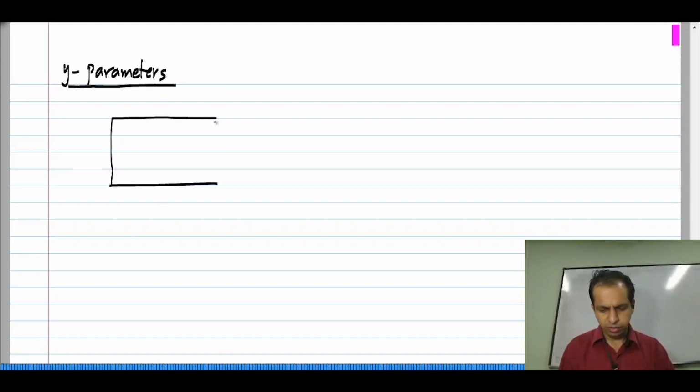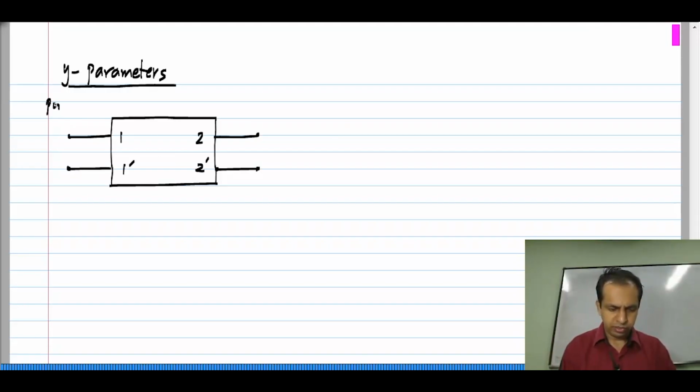Let us consider a linear network. Again, this means that there are no independent sources inside, but there can be dependent sources and linear resistors. This is port 1, this is port 2, and let us think of voltages being applied to these ports.